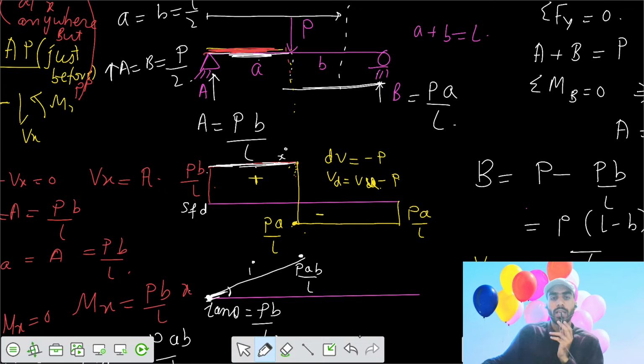So your shear force diagram looks like this one.